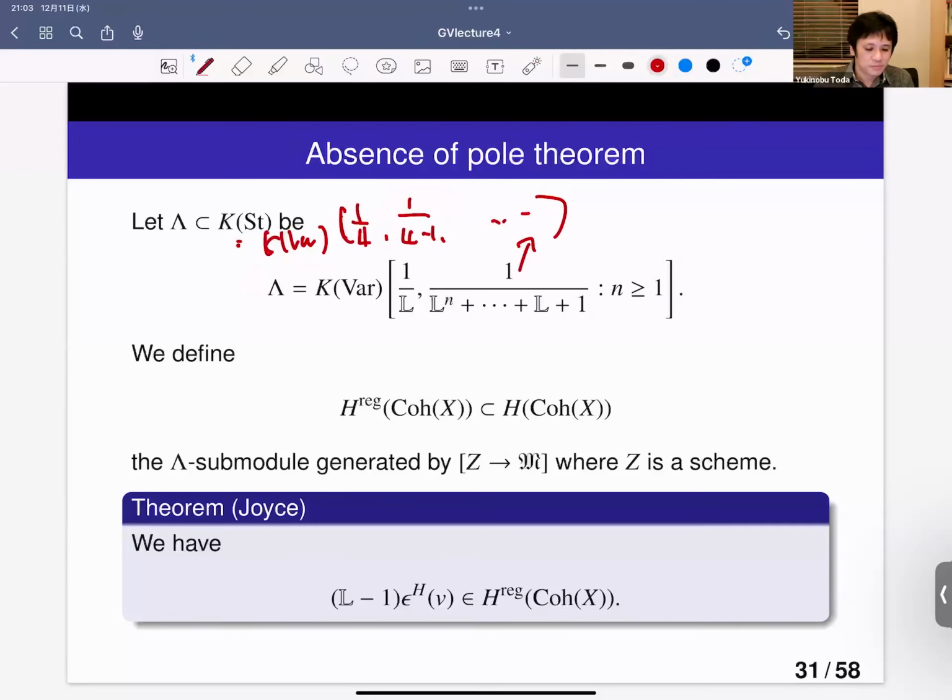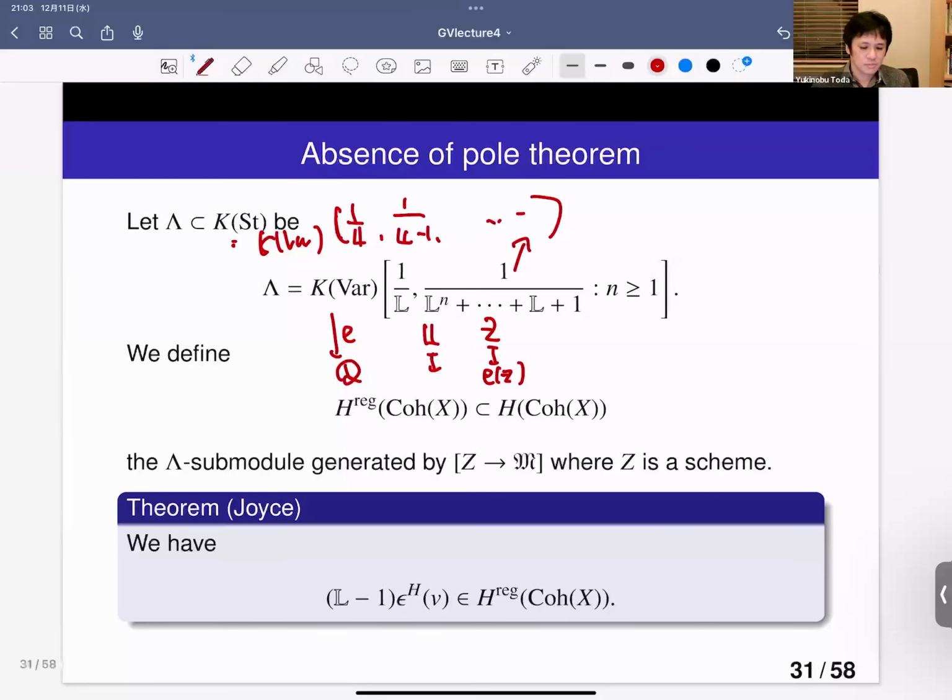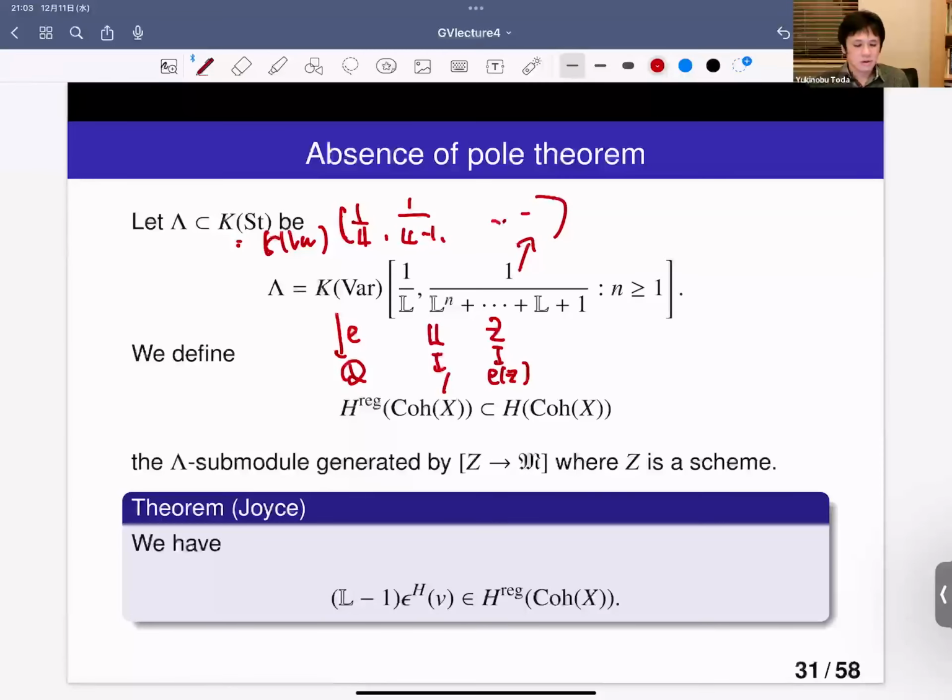So in particular, the so-called Euler number map makes sense from here to here, to the rational numbers, sending L to 1, and for a variety I take the usual Euler number. This function does not make sense over the Grothendieck group of stacks, but makes sense over this subspace.